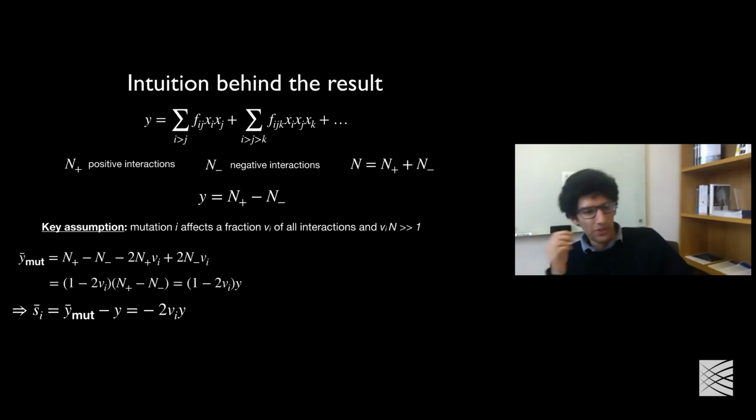Now, if you imagine what happens on average once you mutate at this locus, as I was saying, you are simply flipping the sign wherever you find an xi. So on average, what you're doing is subtracting out 2 times the number of positive interactions that this locus has, and adding 2 times the number of negative interactions that this locus has.